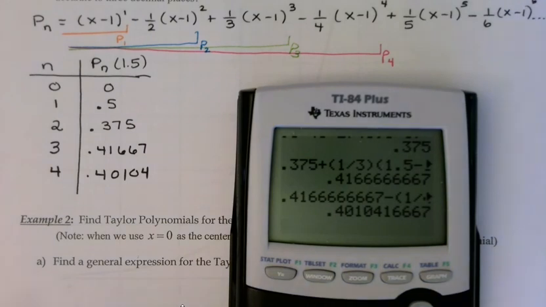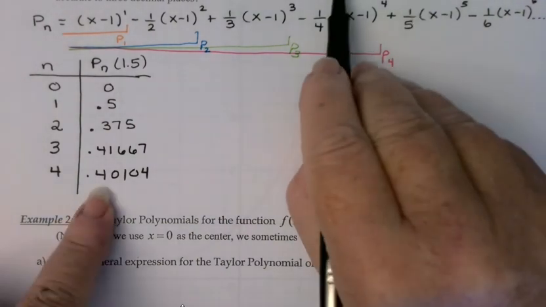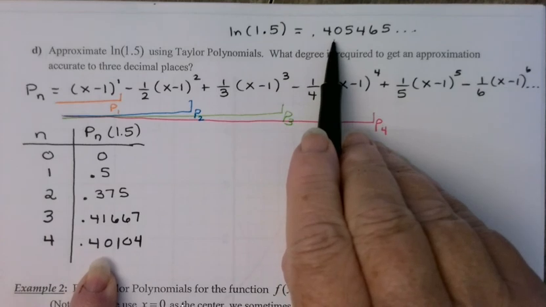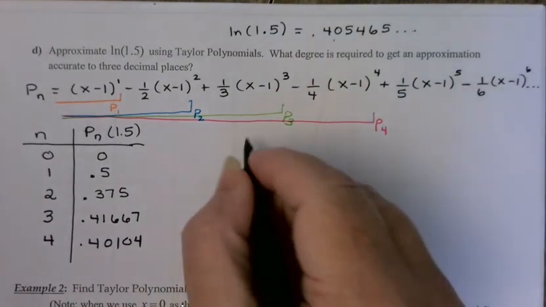All right, we're getting close. Notice what we've got here. We've got the first 2 decimal places accurate right now, but I wanted 3, so I'm going to keep going.